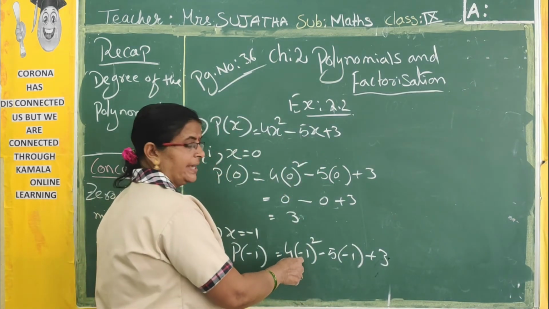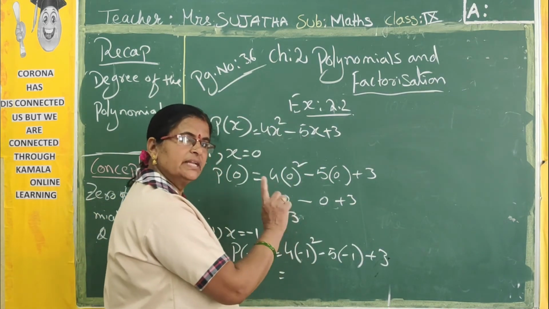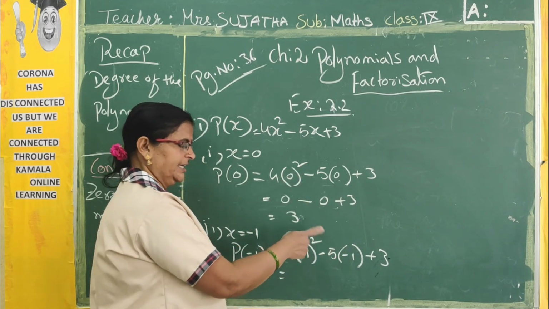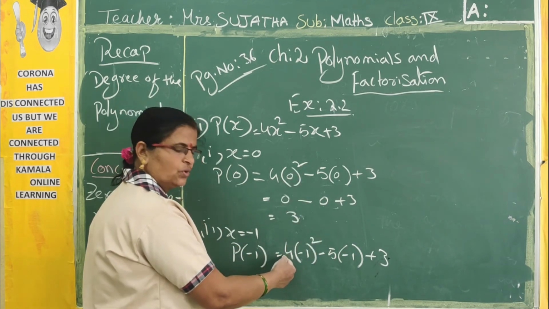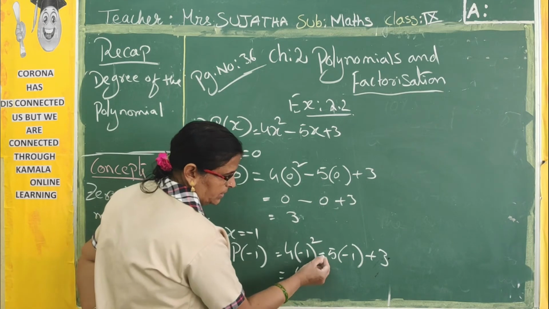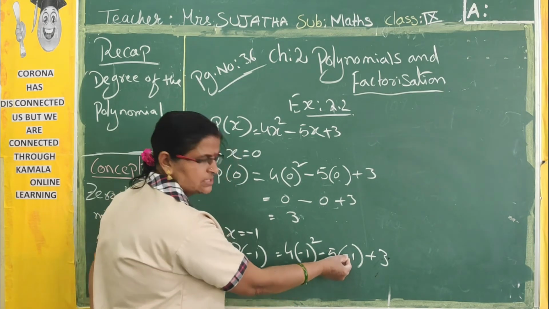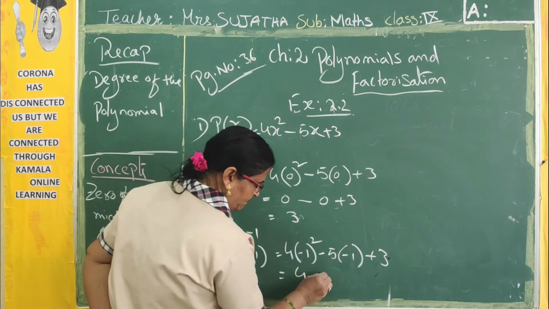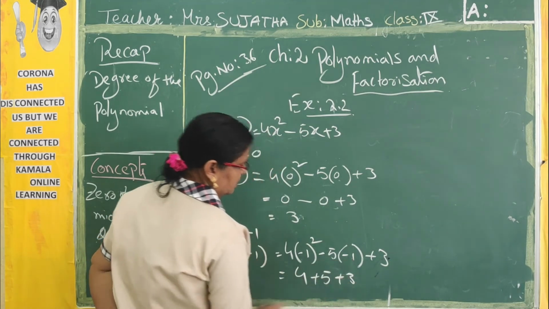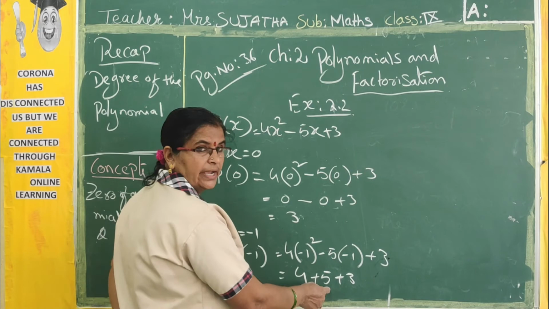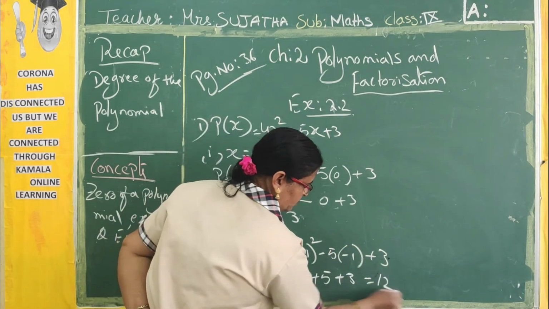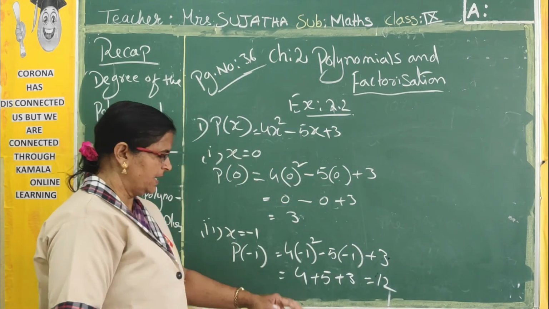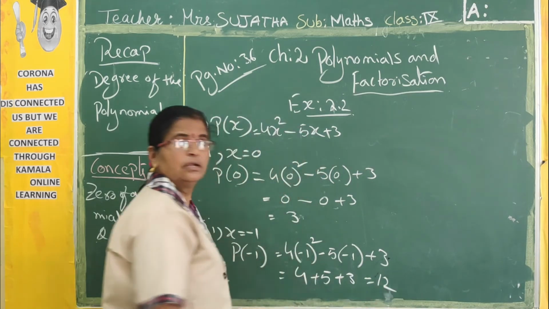Minus 1 whole square means minus 1 into minus 1, that is plus 1. Plus 1 into 4 is 4. Now here minus into minus becomes plus. 5 ones are 5, so plus 5. Now plus 3. So how much? 4 plus 5 is 9, plus 3 is 12. When you take x as minus 1, you get 12.